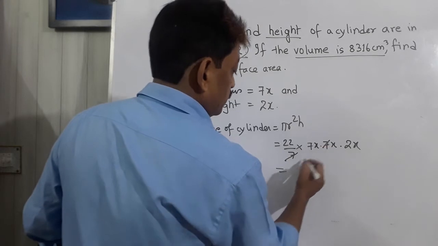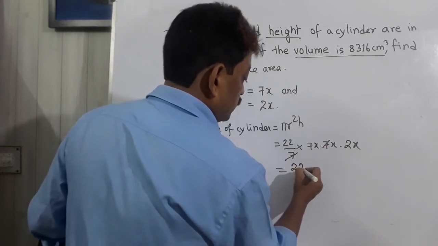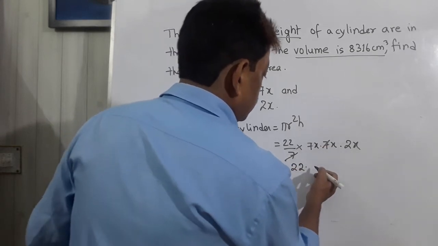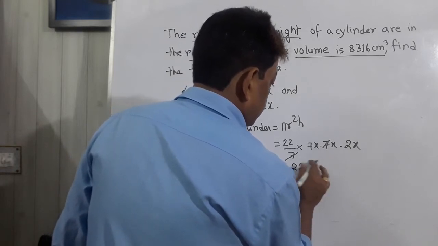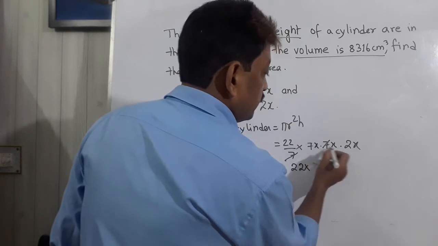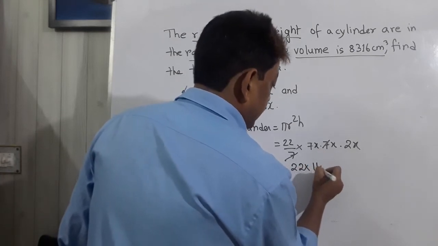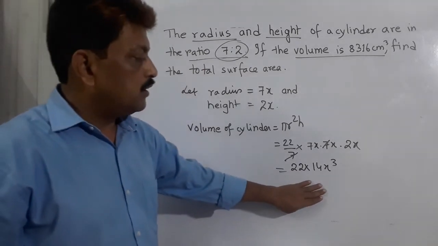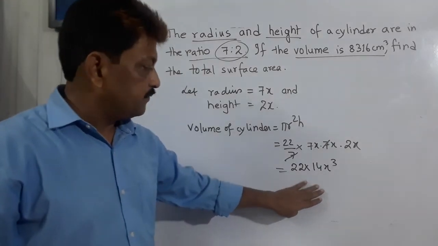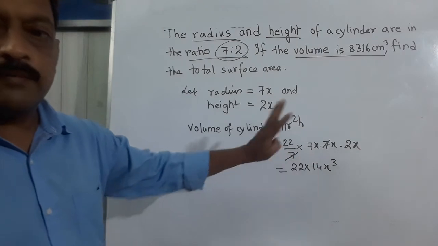By calculation I have got 22 multiplied with 14 x cube. So keep this calculation like this only, no need to multiply further.